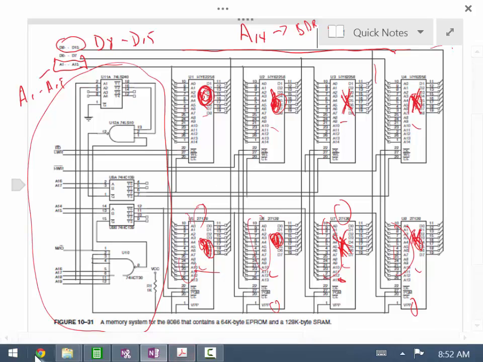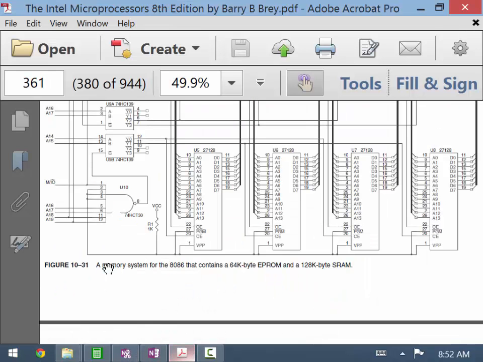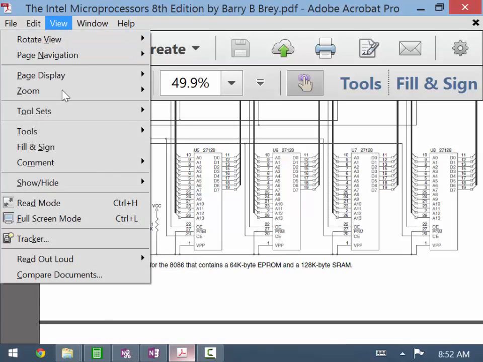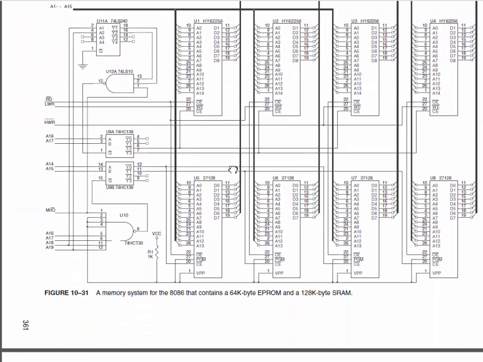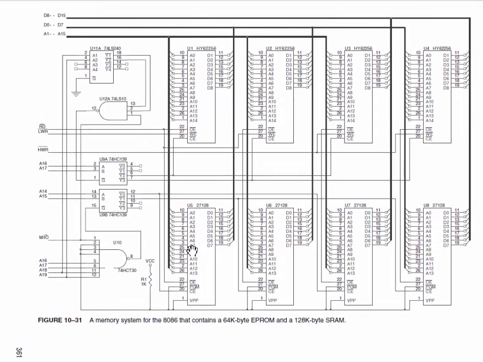So going back and looking at our circuit right here, as we look at this, we can see this goes A0 to A13, this goes A0 to A14.